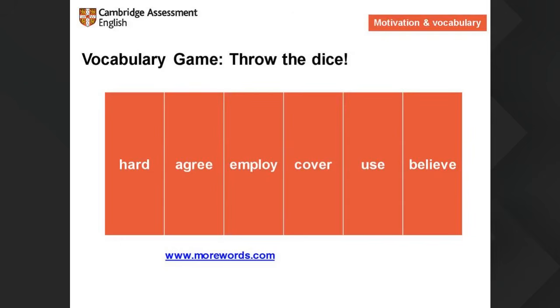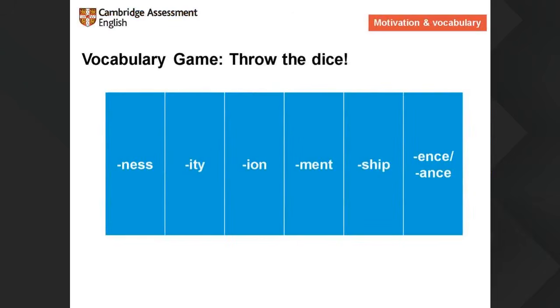And the team, if we divide the class into teams, the team that gets all the answers correct, obviously wins. And then another option is to do it the other way around. So in this case, we have different suffixes. So again, with the dice, we can get students to come up with words using these suffixes. So shape, so French shape, for example, and more words that they should come up with.